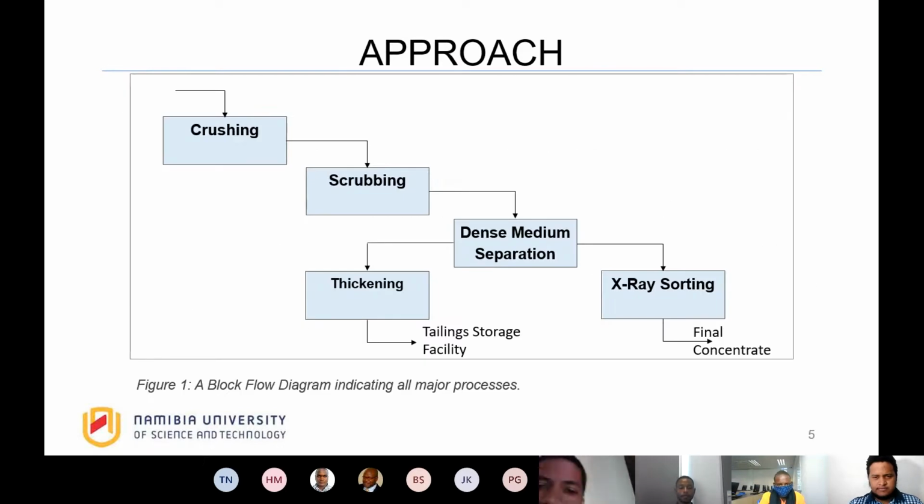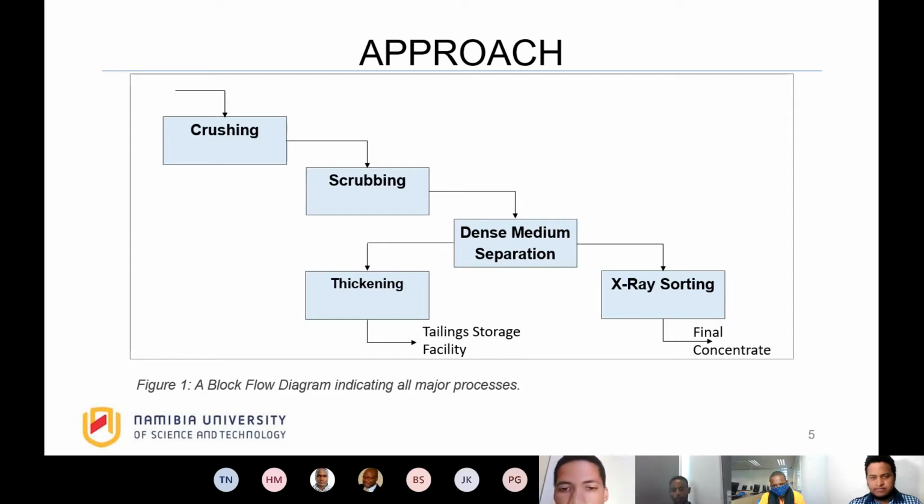The approach, as said in the design task: crushing, where we deal with size reduction. Milling will be part of it, but in this case we don't consider milling because our size fraction can be handled by a crusher.